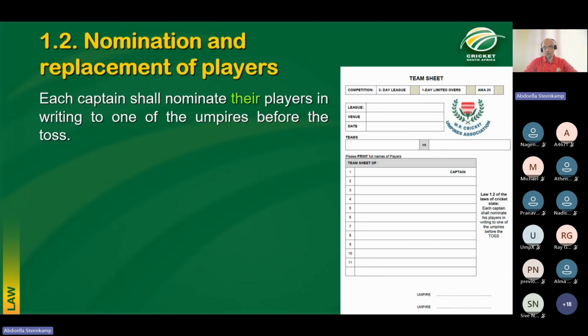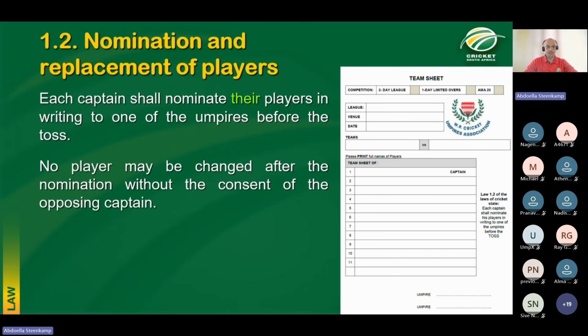On the right is an example of a team sheet that we use for club cricket here in Cape Town, South Africa. We, the umpires, will hand this to the captains. They then need to complete this and hand it to us either before the toss takes place or at the latest they need to give it to us at the toss.